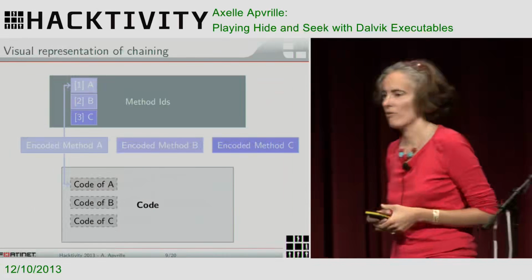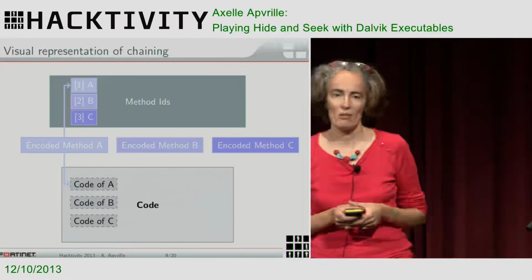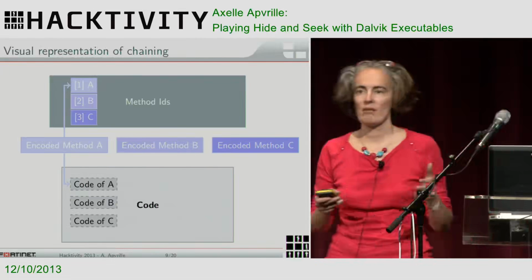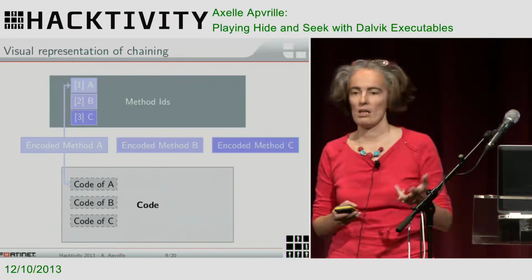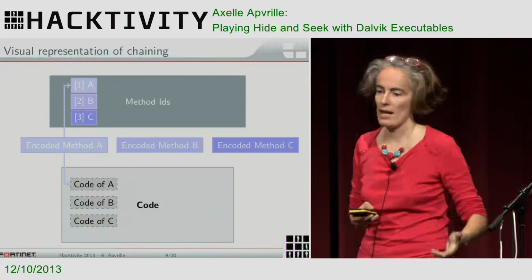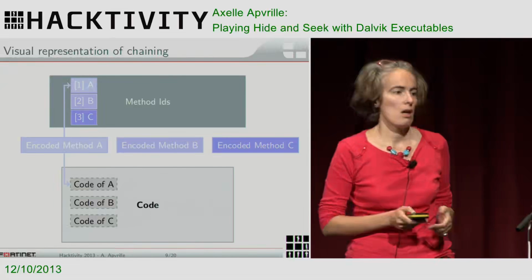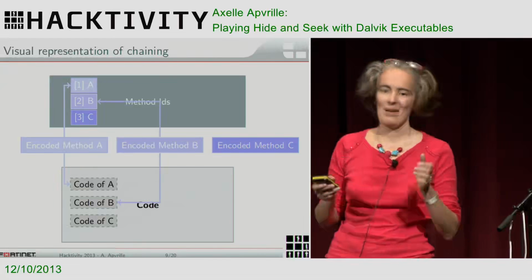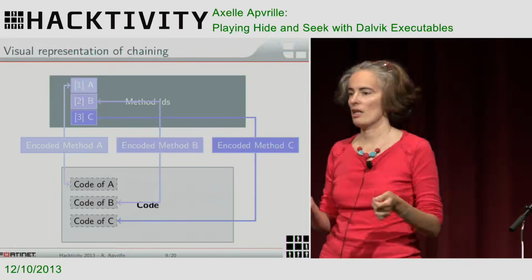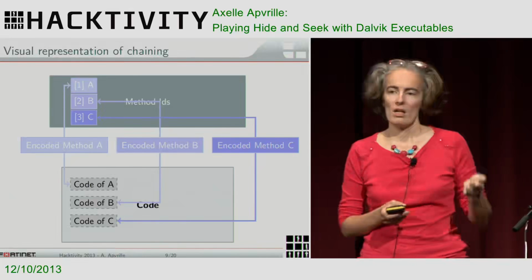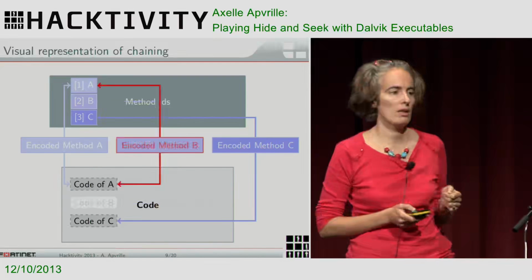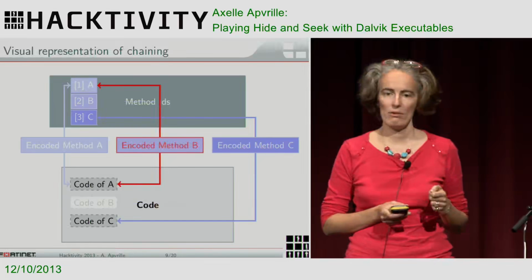Let's show it with a figure. Perhaps it's simpler that way. Here we've got three different methods, method A, B, and C. Method A references the identifier for A and the code for A. Method B references the type identifier for B and the code for B. And C, the code for C and the identifier for C. We want to hide method B. One way to do that is to reference twice the first method.